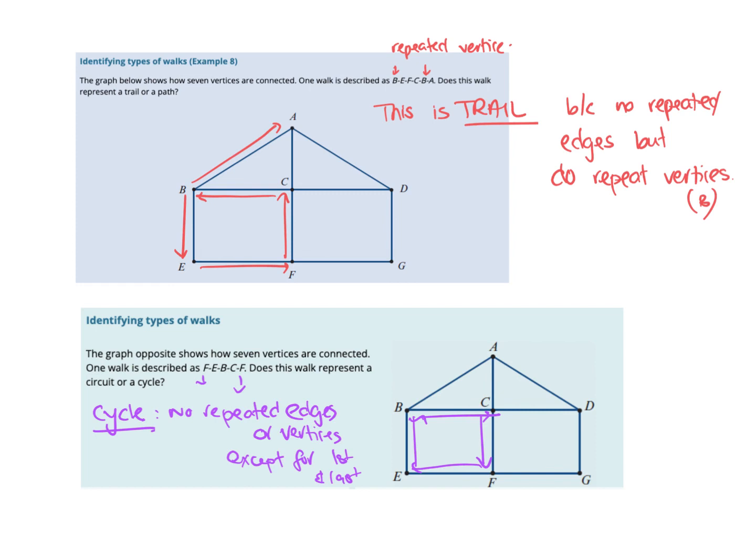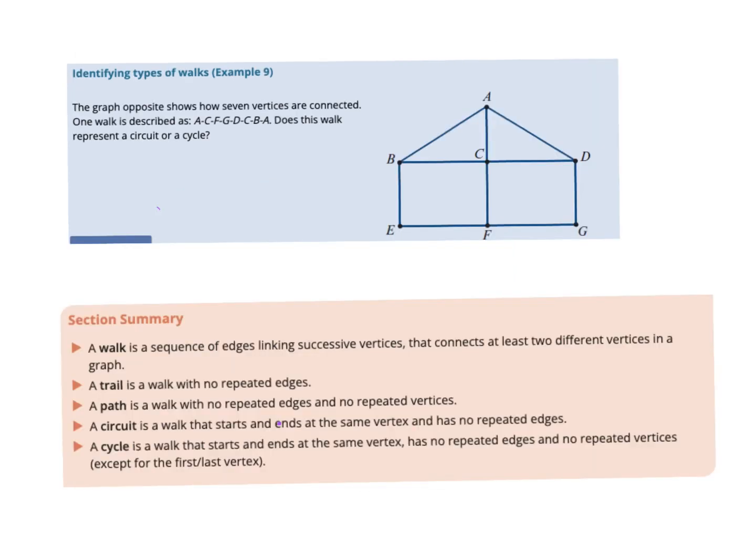Okay, so let's do one more. It says the graph opposite has the 7 vertices connected. Let's do this one. You go A to C, C to F, F to G, G to D, D to C. So we've got a repeated vertex here already.